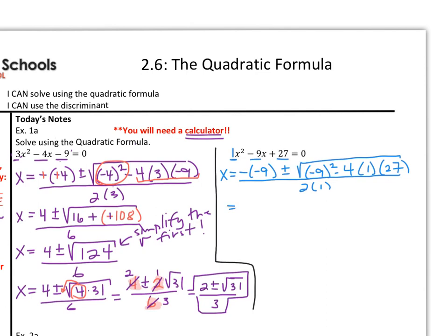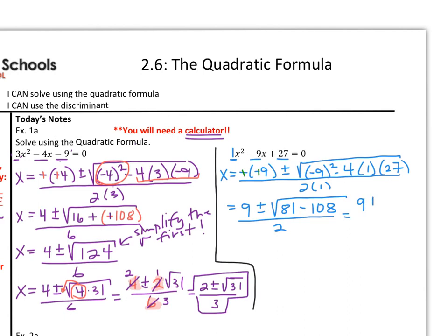We've got that double negative, which changes to positive 9, plus or minus the square root. On the inside, negative 9 squared would be positive 81, minus 4 times 1 times 27, which, guess what, is 108 again, all over 2. No double negative on the inside, so we'll subtract.